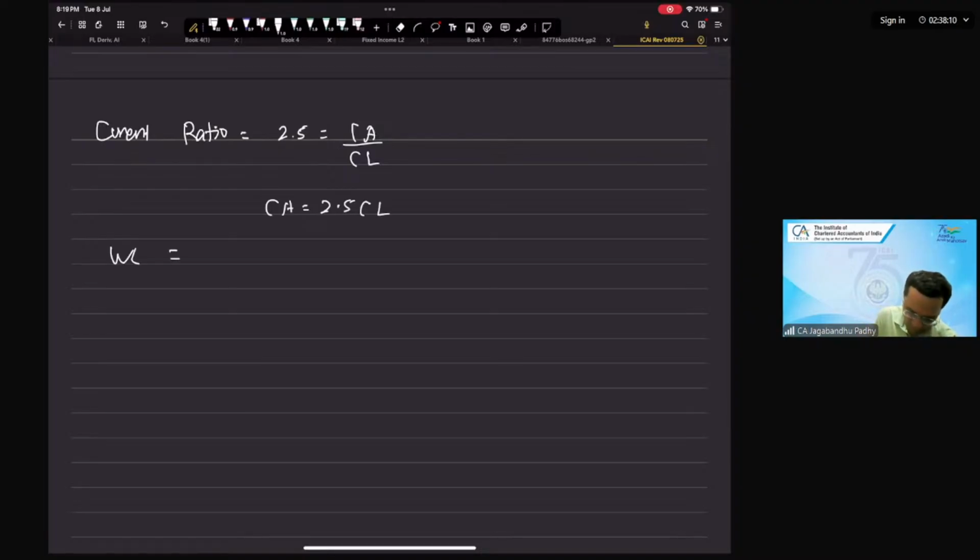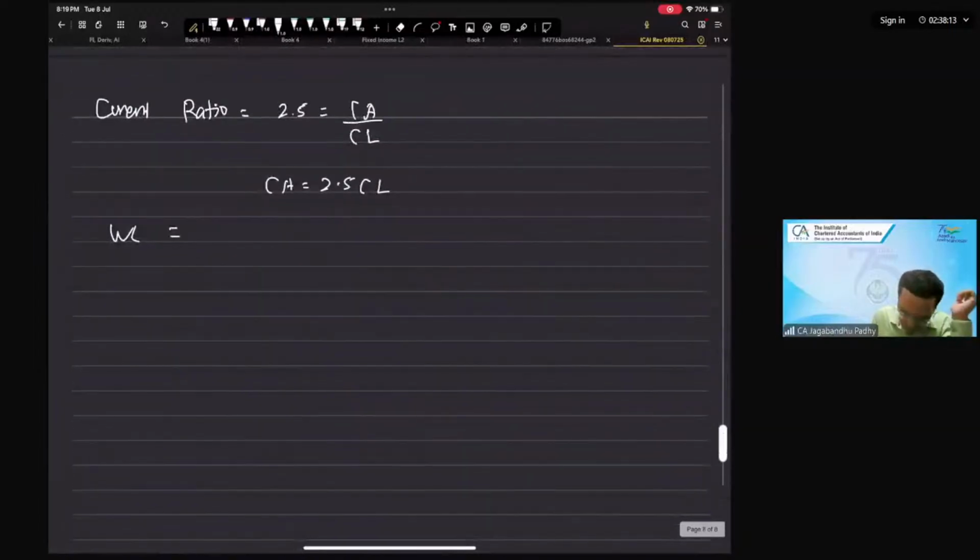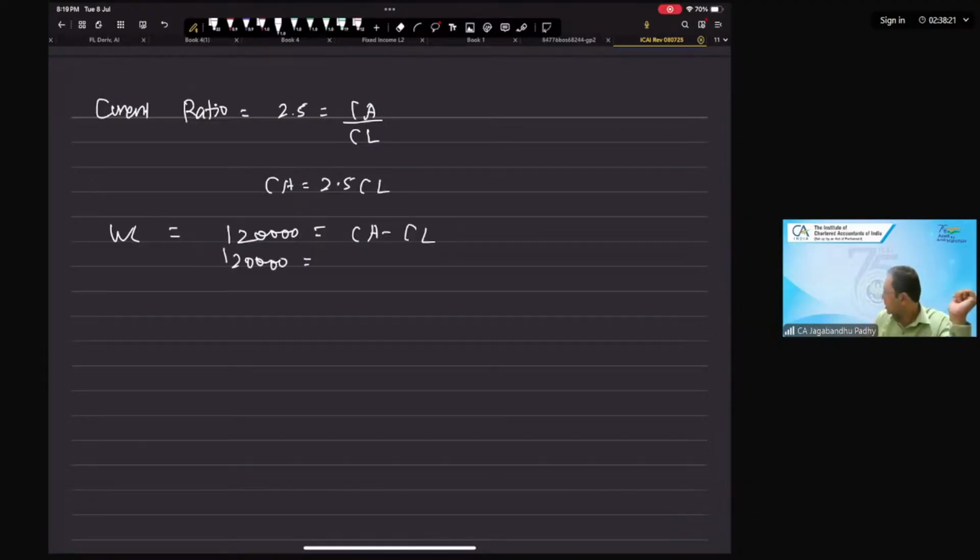Then we have the working capital number as 1,20,000, and we know this is current asset minus current liability. So 1,20,000 is 2.5 current liability minus current liability. So 1,20,000 is equal to 1.5 times of current liability.